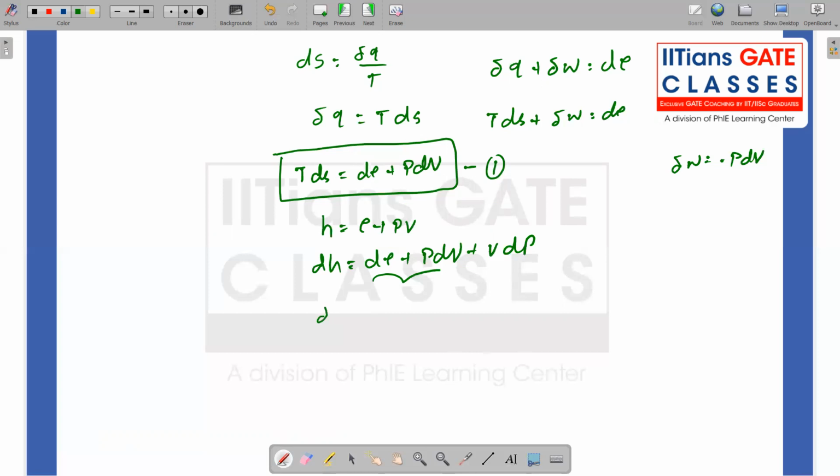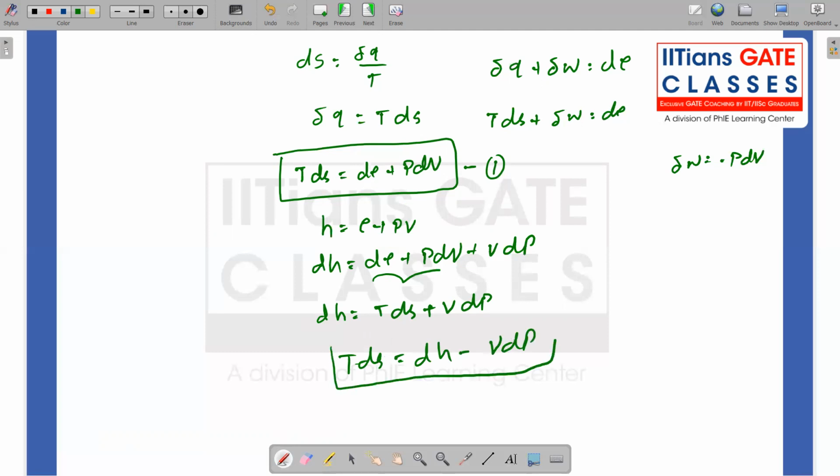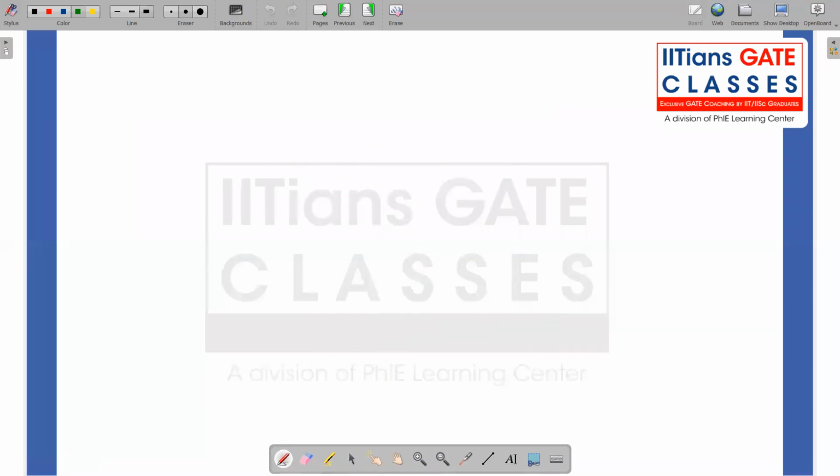So I can write dH is equal to TdS plus VdP, right? So TdS is equal to dH minus VdP. So these two are very important TdS relations that we are going to use to derive the isentropic relation, right? So now we will head back to our isentropic relations.